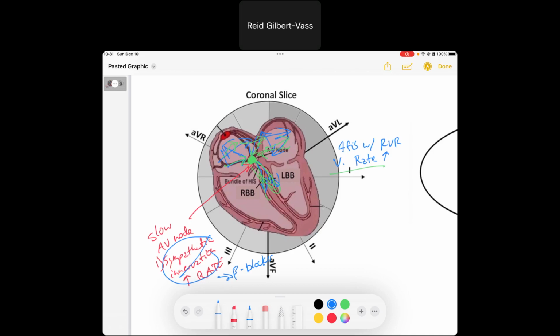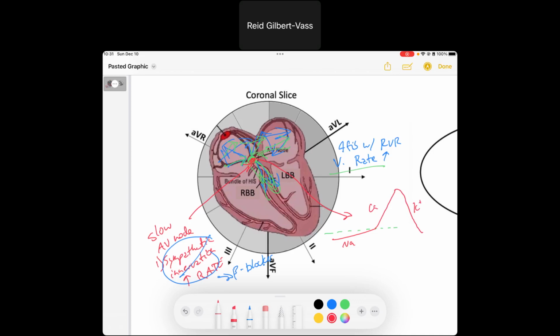Or we know that the AV node, if I drew the action potential of an AV node, you've got pacemaker potentials, you've got sodium channel, and then once it hits that threshold, you'll get more rapid depolarization through our calcium channels, and then repolarization from our potassium channels.